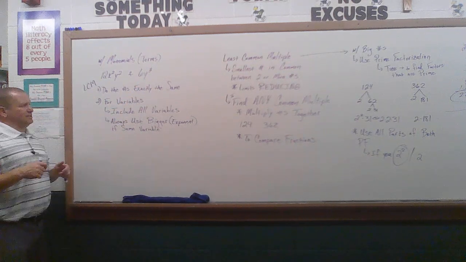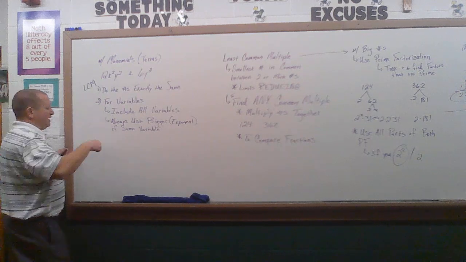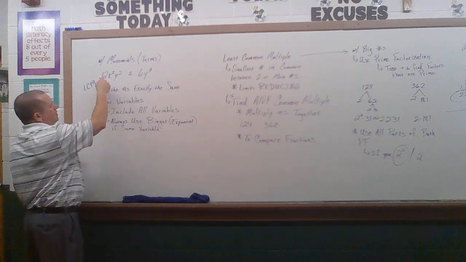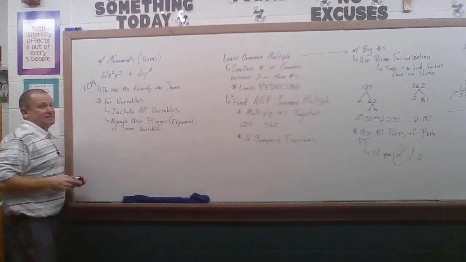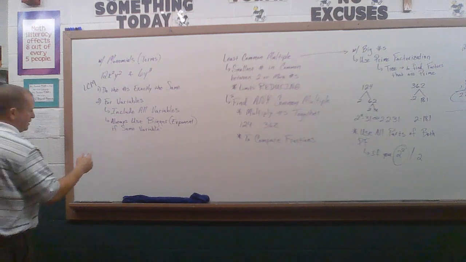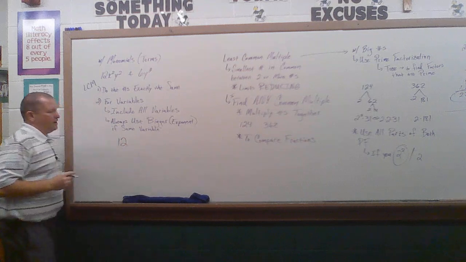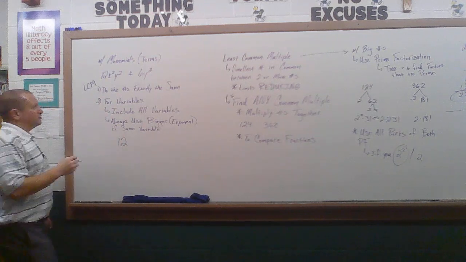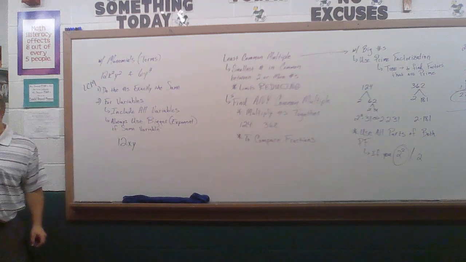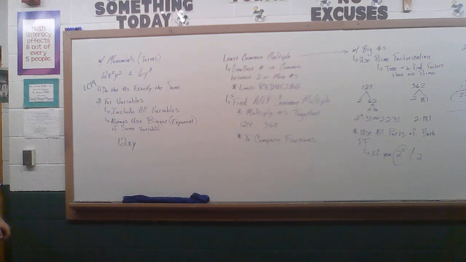So let's talk about this one again now. If we're going to try to find the least common multiple, anybody know right offhand what the least common multiple between 12 and 6 is? 12, right? It's got to be 12. So we're good there. Now, we have to include everything. So I have to have an x and I have to have a y in my answer. Now, how many x's do I need?